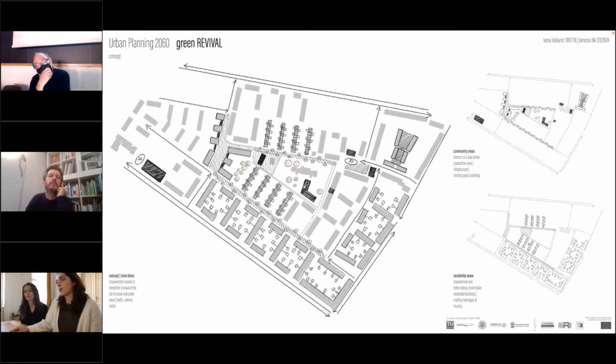The other part was that we wanted to improve the old structure and to create new types of housing, so that any kind of people can live here. The main idea of our concept is to work with the old structure, to revive the green area, and to create different kinds of housing.